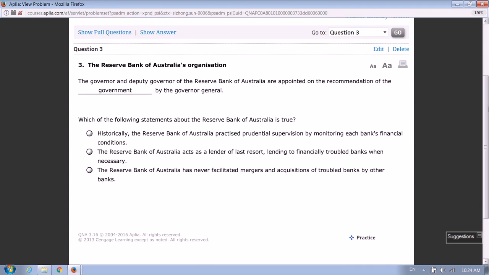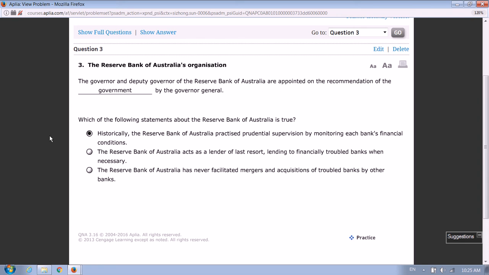Historically, the RBA practiced prudential supervision by monitoring each bank's financial condition. This is actually true, because later on this role was taken up by APRA, the Australian Prudential Regulation Authority. The Reserve Bank of Australia acts as a lender of last resort, lending to financially troubled banks when necessary.